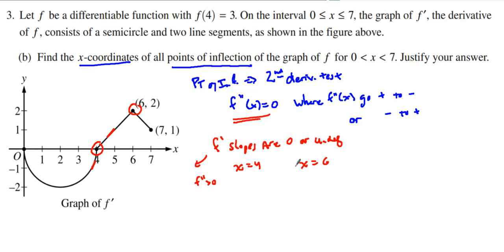Over here, f prime prime of x is greater than 0. Over on the other side of 6, f prime prime of x is less than 0, which means that x equal to 6 is a point of inflection according to the second derivative test. And that is a full justification of your answer.